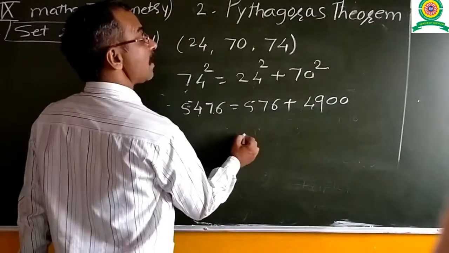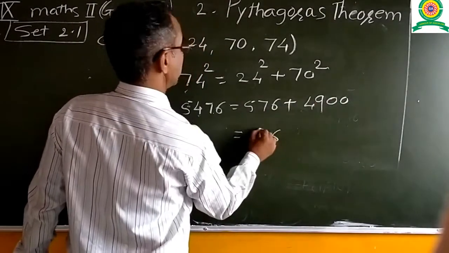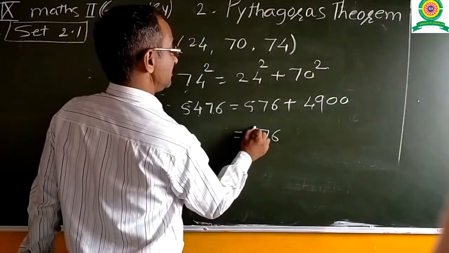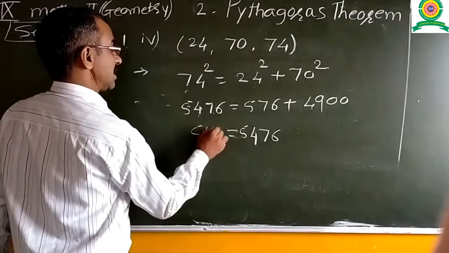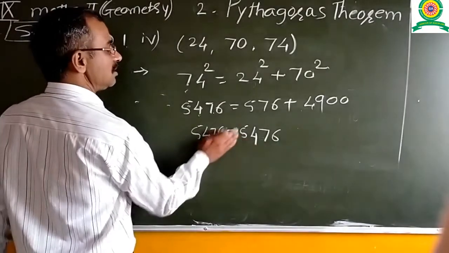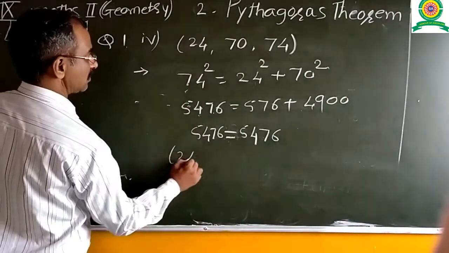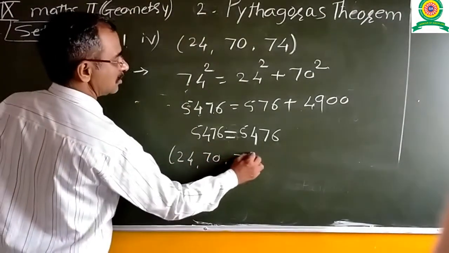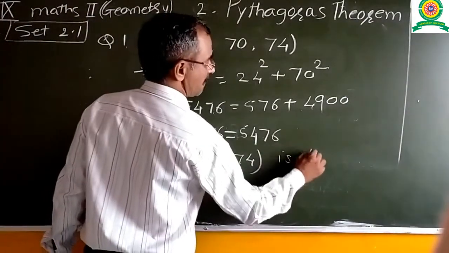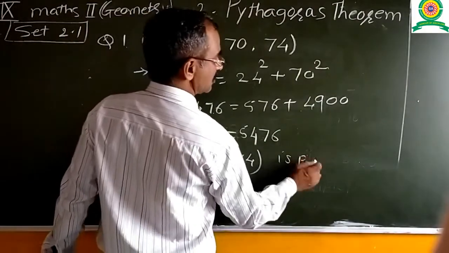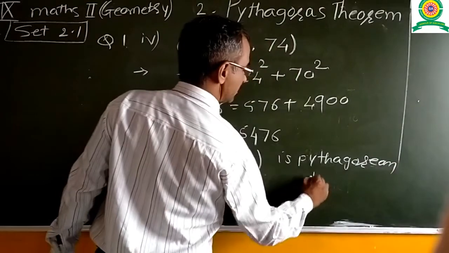Then by taking the addition, 5476. On both sides, left hand and right hand, both sides are the same, so they are equal. Means the triplet 24, 70 and 74 is a Pythagorean triplet.